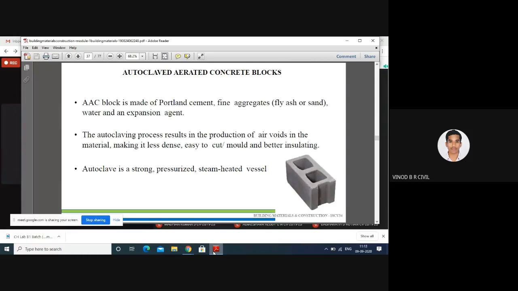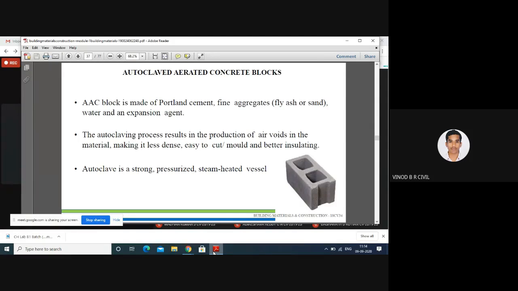And next one is the autoclaving process, which results in the production of air voids in a material, making it less dense, easy to cut, mold and better for installation. With autoclaving we can create more air voids. The only thing is we have to cut down the weight. It is completely lightweight and we can easily cut it into different shapes. Otherwise it is a completely hard, high density material.